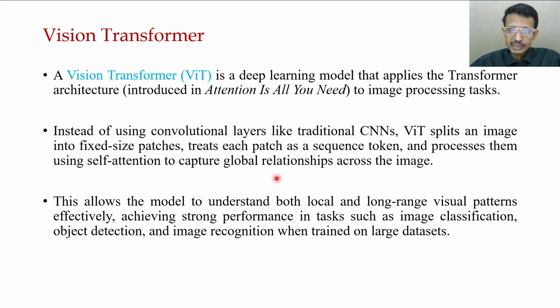Now consider a situation where you are given an image. You divide this image into several patches. Now you can scan these patches in row major order, column major order, or zigzag order, whatever order you want. Now what does it look like? It's a sequence of image patches.